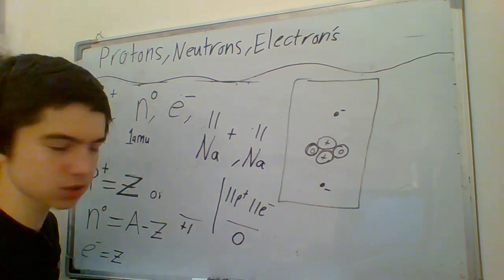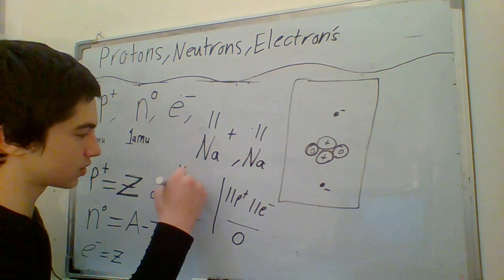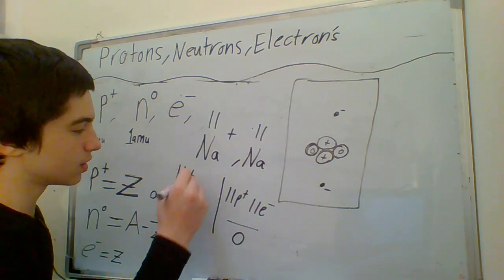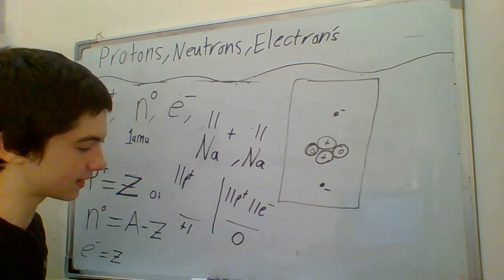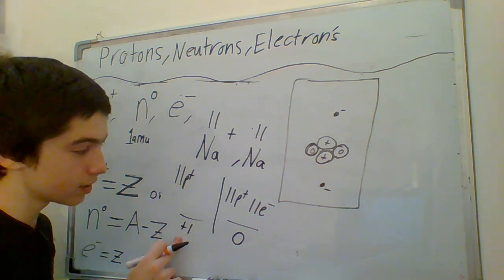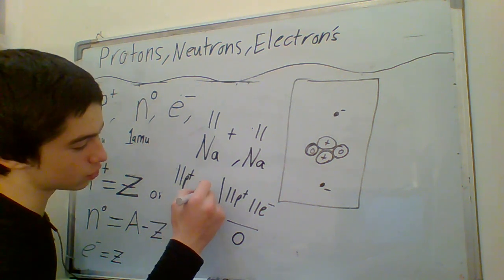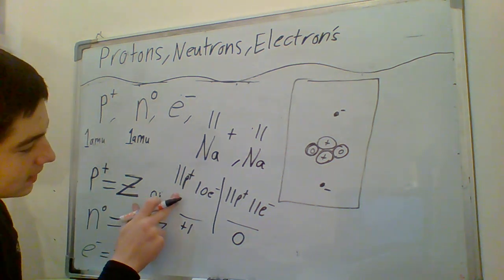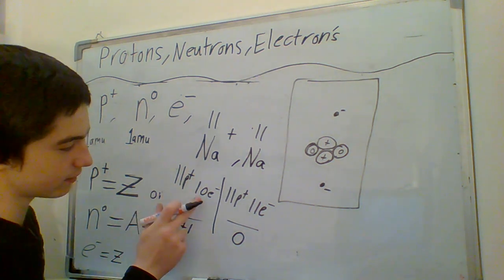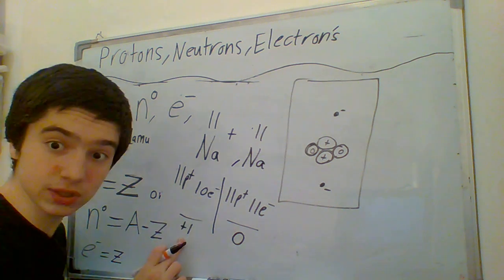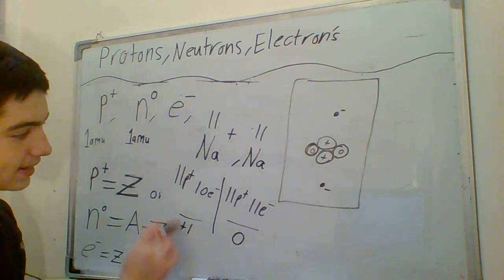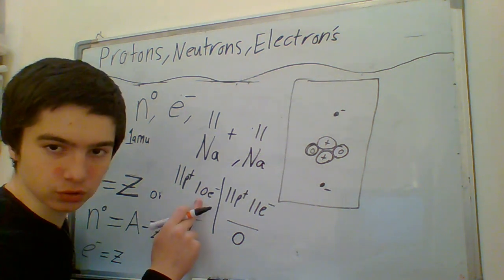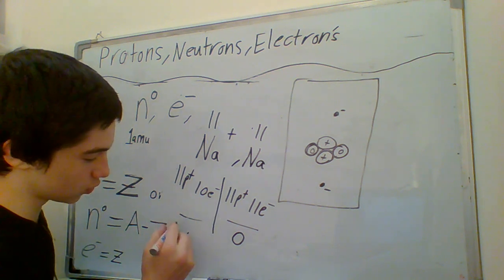How can we get plus 1 if we have 11 protons? What can we add to those 11 protons to get a plus 1 charge? You're right, 10 electrons. Why? If we say 11 protons and 11 electrons, it won't equal plus 1. And if we say 11 protons and 12 electrons, it will equal minus 1.